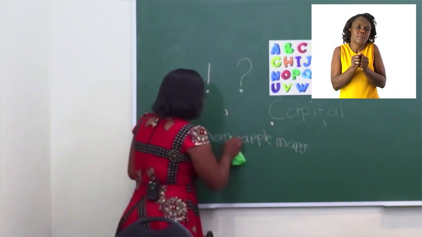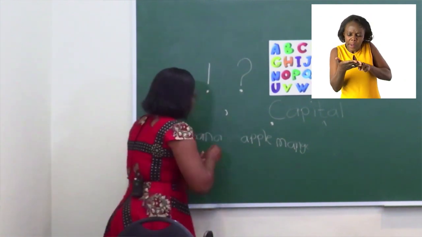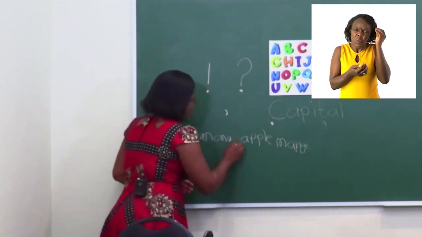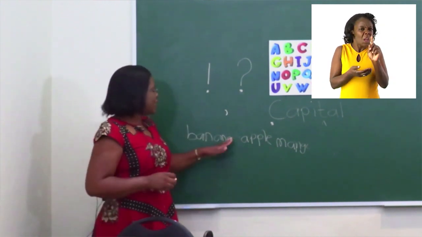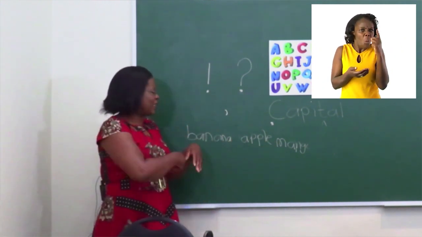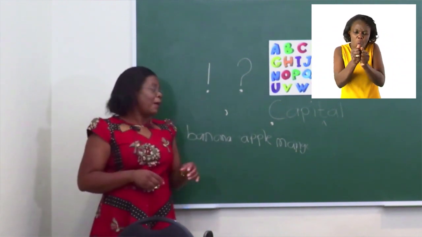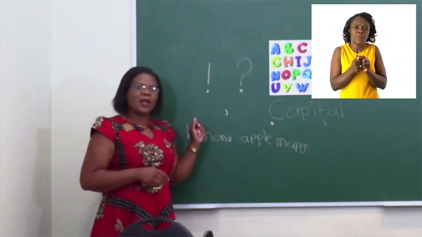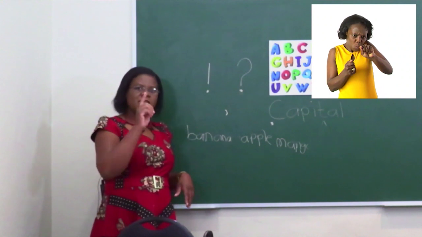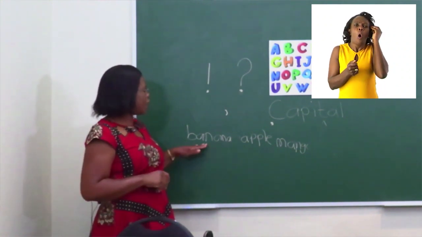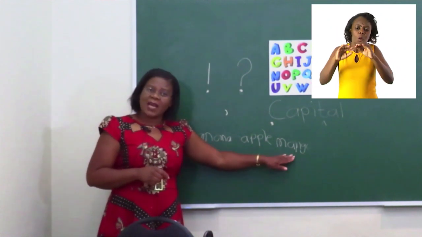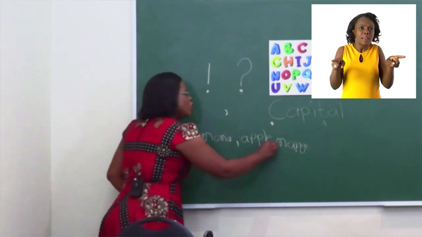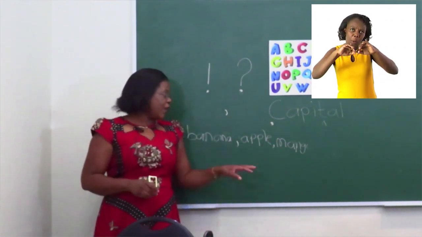Someone who is reading will not know whether this is one name, because there is nothing that shows that these things are different. But as soon as I put my commas in between, then someone who reads will know that this one is different from that one and from the other one. So it is used to separate the names.